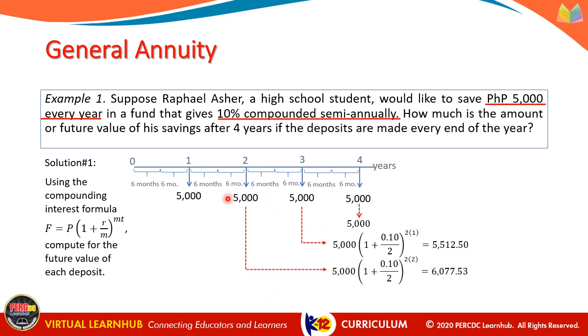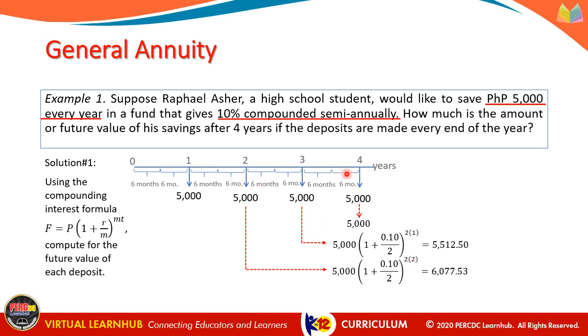This deposit made at the end of second year will have a future value equal to 5,000 times 1 plus 0.10 over 2 raised to 2 times 2. We substituted 2 for T because from second year to fourth year, that is 2 years interval. The total exponent 2 times 2 is equal to 4.